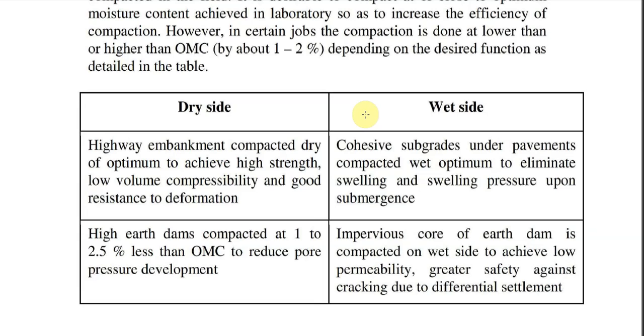So please remember, in most of the jobs in the field, when you are compacting soil, the water content of soil is not exactly equal to the optimum moisture content. Sometimes, depending on the desired function, the water content is less than optimum moisture content, that is dry side, or the water content is more than optimum moisture content, that is on the wet side.